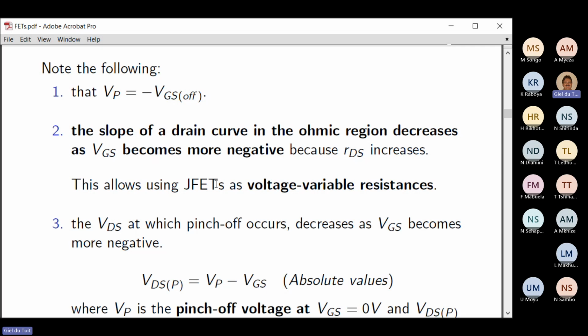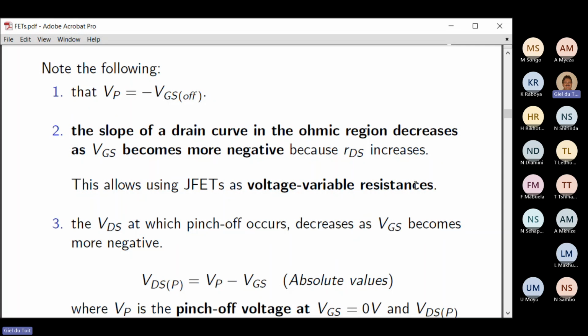That allows the FET to be used as a voltage variable resistance. So one of the applications for the FET, if we ask you what are the applications for the FET, can be to make a variable resistor, because it increases or decreases the resistance between drain and source. That is why.